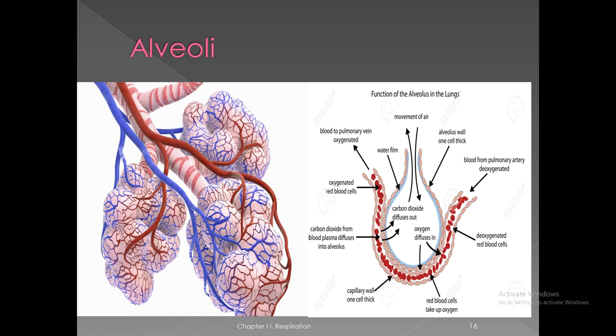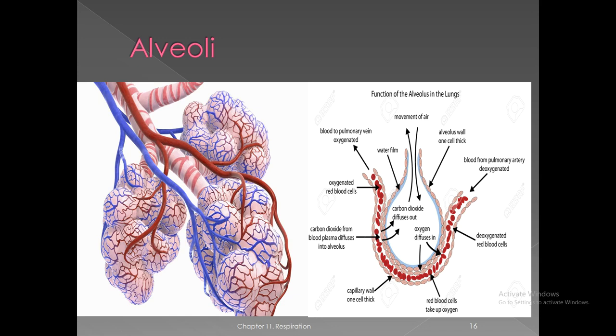Here is the diagram of the alveoli. You can see the bronchiole, which ends in a bunch of sac-like structures called the alveoli, and all over the alveoli, it is surrounded by blood capillaries. Here you can see two types of blood vessels, one blue and the other red. The blue one carries deoxygenated blood from the heart, which is called the pulmonary artery.